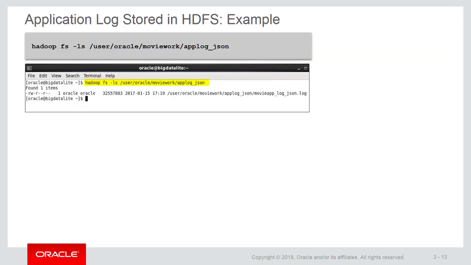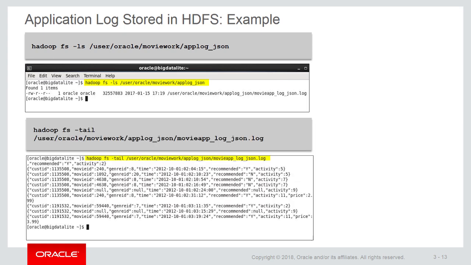The MoviePlex application streams data into the /user/oracle/moviework/applog_json HDFS directory. The first code example shows the contents of the applog_json directory. This directory contains a single file named movieapplog.json.log. The second code example uses the tail command to show the last 10 lines of the movieapplog.json.log file.